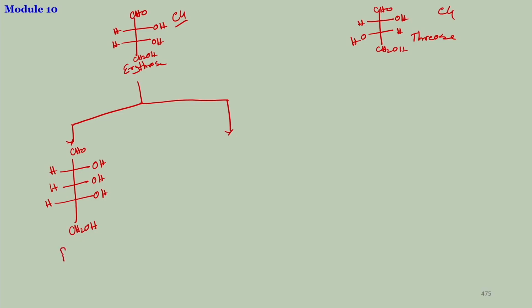This is your ribose. The difference is in the new one; it can be the other way around, while the others remain the same. This is the new addition, the new carbon joining here, so this should change and the others should remain intact. This is your ribose, this is your arabinose.